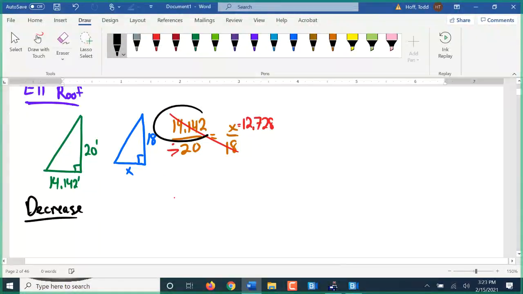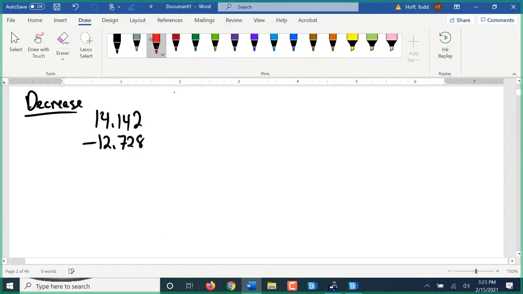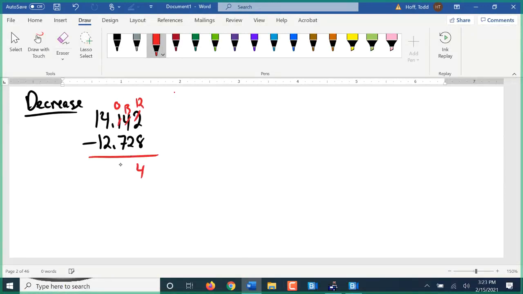Common rafter 14.142, minus that next jack of 12.728, gives 1.414.